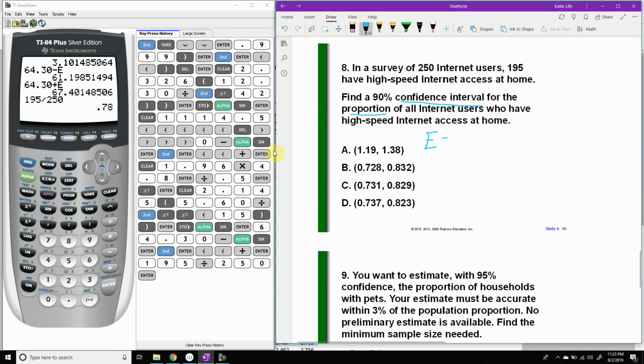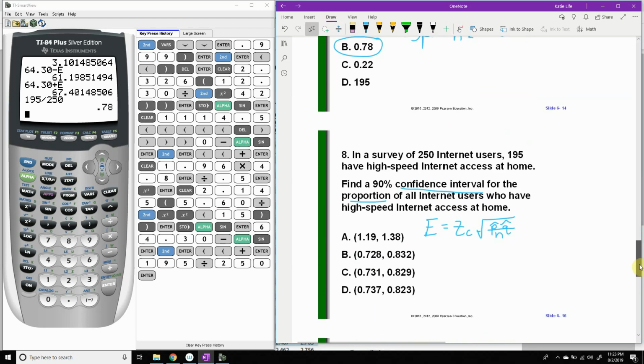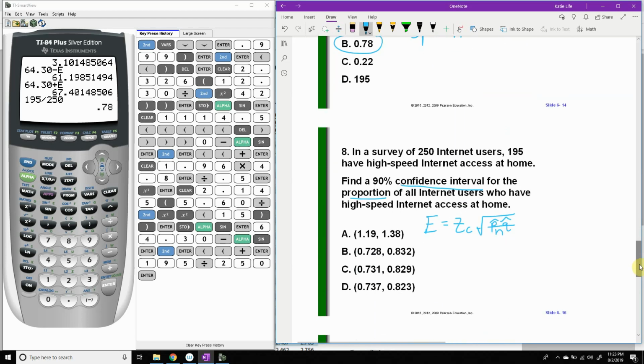Error equals z sub c times the square root of p hat q hat over n, which in the last problem that we did, that's where we were finding our point estimate for the proportion. We already found p hat in number 7, and that was 0.78. So in this case, p hat is 0.78, which means that q hat is 1 minus that, or 0.22.